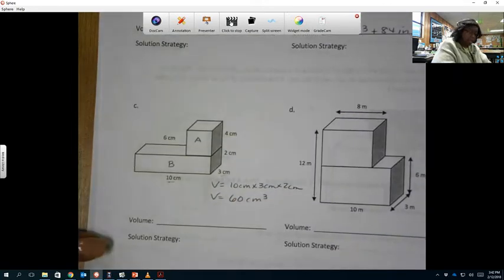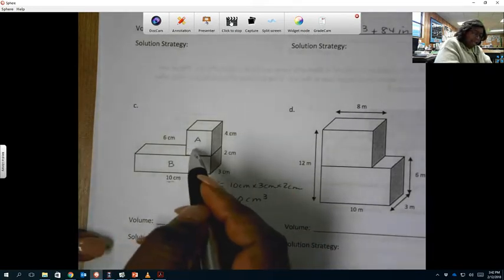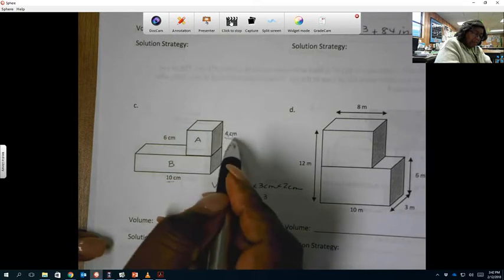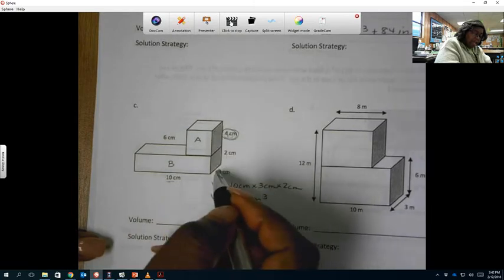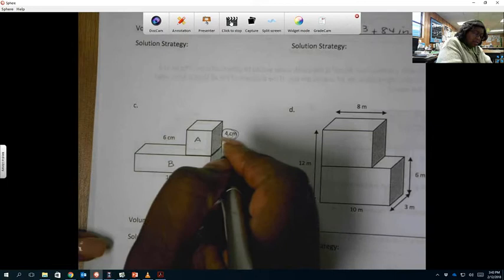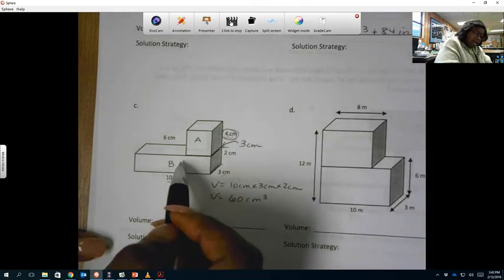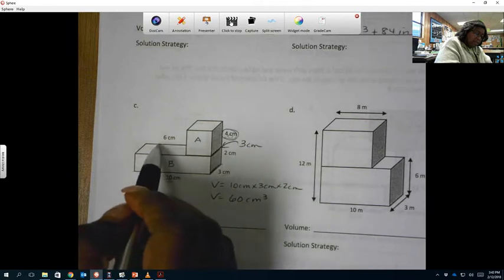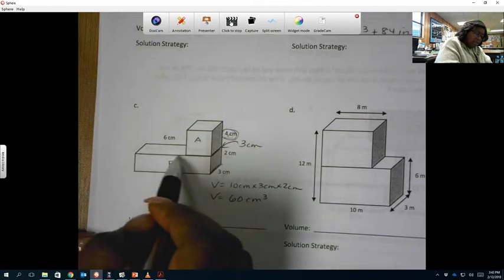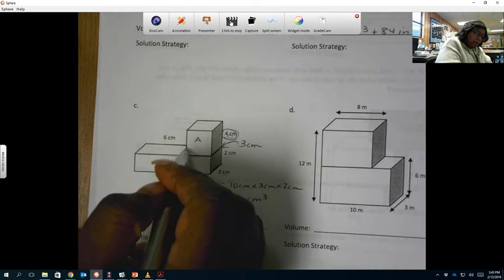Now let's look at box A. I see that I have a height of 4, and I don't know my width, but again, I have opposite sides being congruent, so this right here is 3 centimeters. And I know that this side here is 10, the whole thing, but only part way is 6.